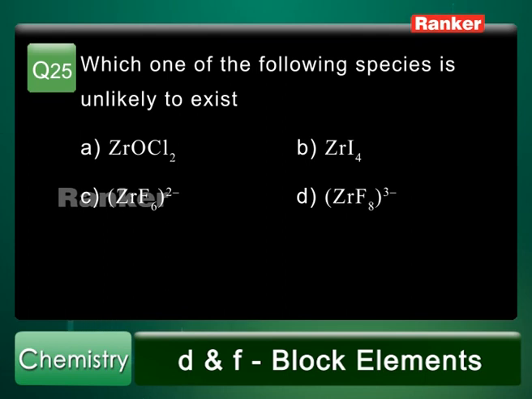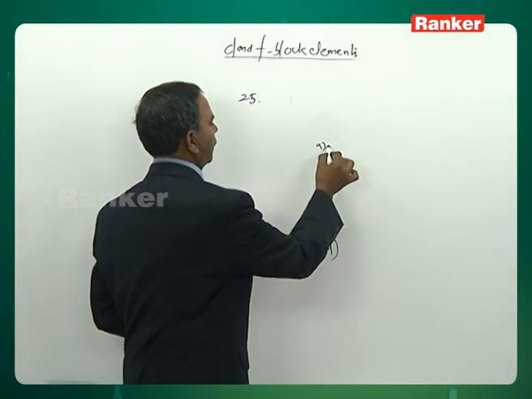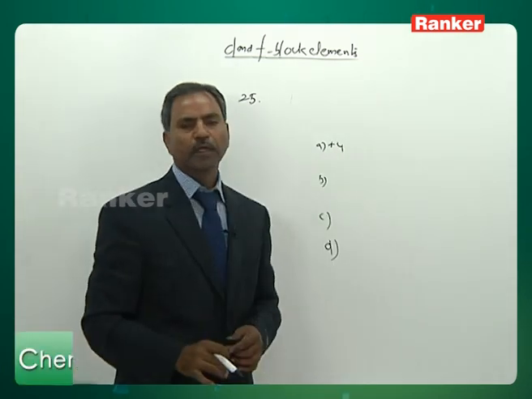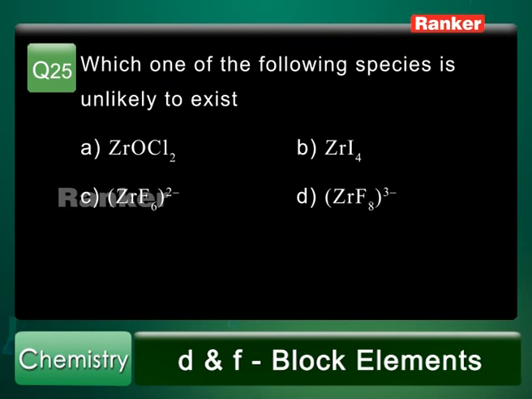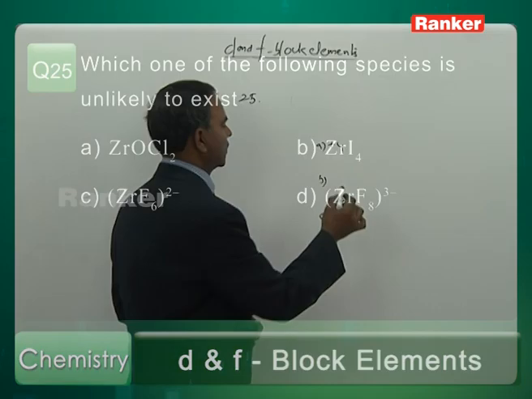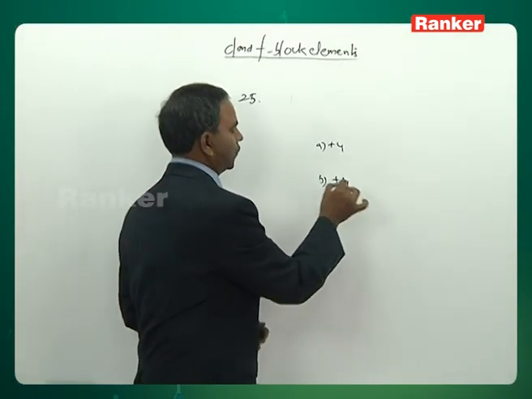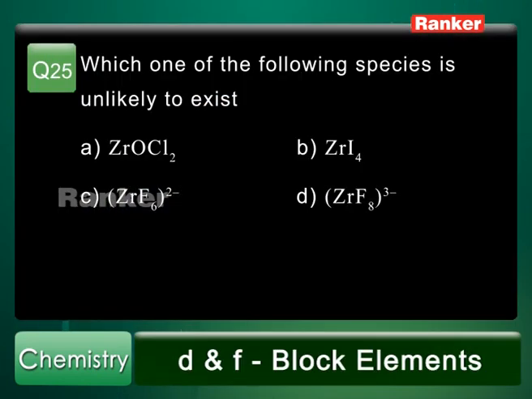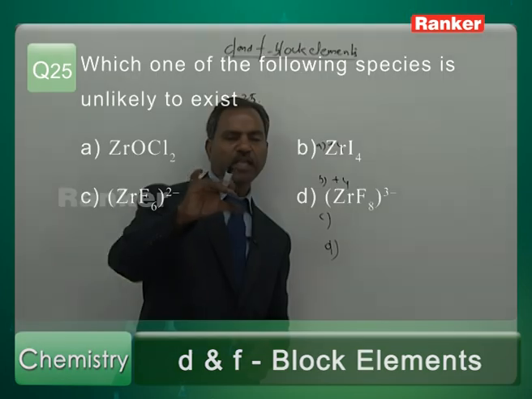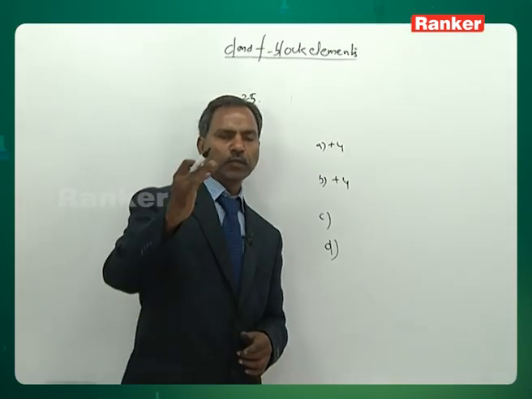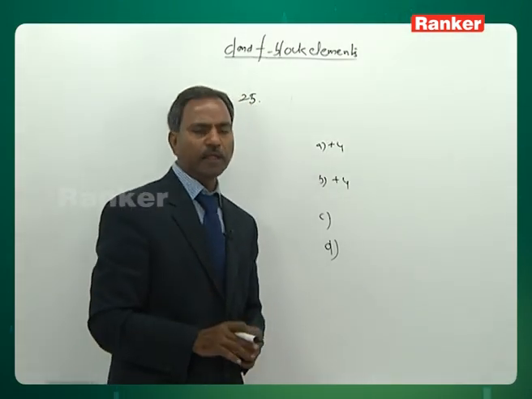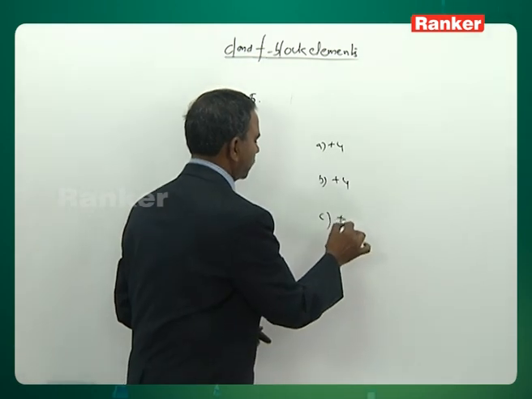Option A, ZrOCl2: O is -2, two chlorides Cl -2, so zirconium is +4, it exists. Coming to B, ZrI4, 4 I minus ions, in this also it is +4. Coming to option C, [ZrF6]2-, inside are 6 minus charges and 2 charges over the complex, in this also +4.